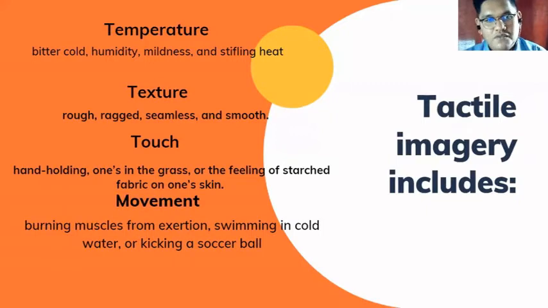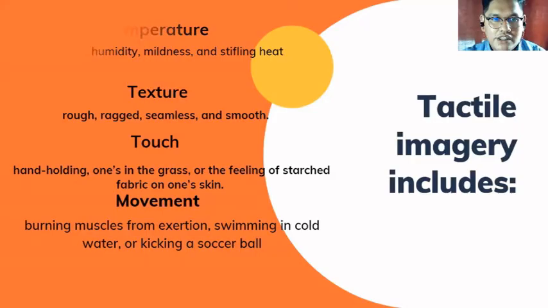Texture, rough, rugged, seamless, and smooth. Touch, hand holding. Sana all may holding hands. Ones in the grass or the feeling of starch fabric on one's skin. Movement, burning muscles from exertion, swimming in the cold water, or kicking a soccer ball. Okay, so ilan lamang yan sa tactile imagery.